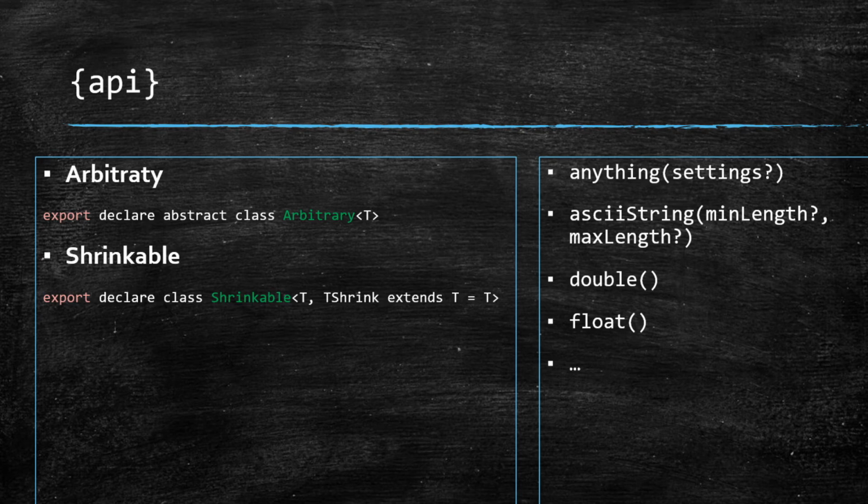This method also accepts an optional parameter, settings, to give some constraints to the function. Nevertheless, there are also some functions that are focused on more specific cases. We can find ASCII string, for example, for strings of ASCII characters, but also other methods like double, float, and so on.